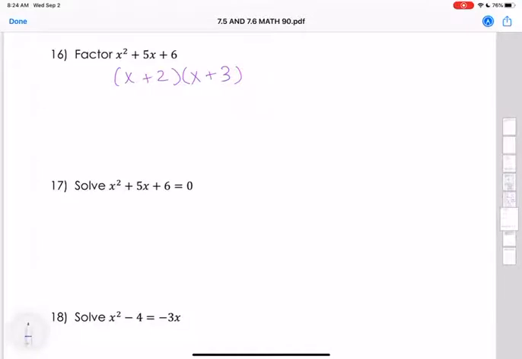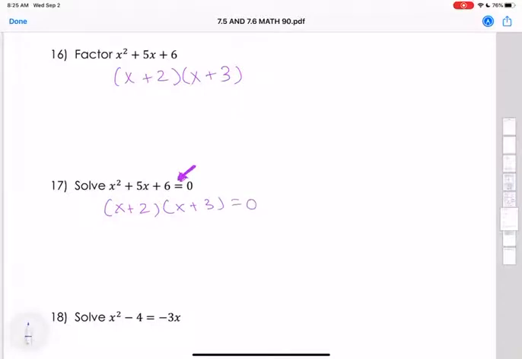In 17, what do you notice? It's the same as 16, but now it's an equation. It's an equation because it has this equals. So if it has the equals, that means in the end we should have x equals something. We just factored it, so we'll just copy that down. x plus 2, x plus 3 is equal to 0.